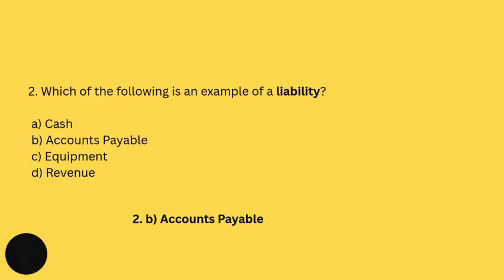This is a crucial concept in accounting as liabilities represent what a company owes to others. Remember, understanding liabilities is essential for assessing a company's financial health. Keep this in mind as we move forward into our next question, where we will explore how transactions affect accounts.